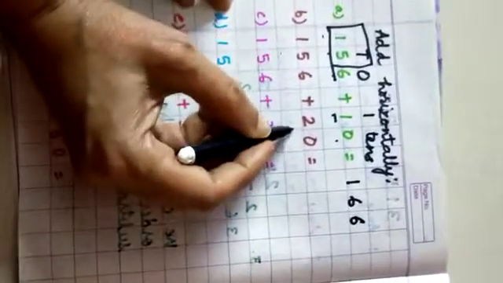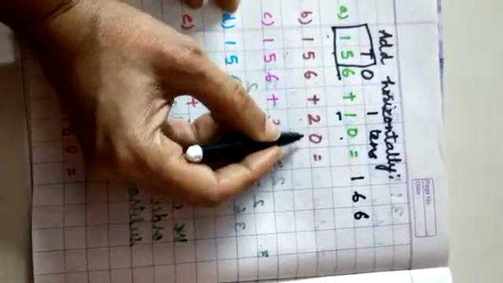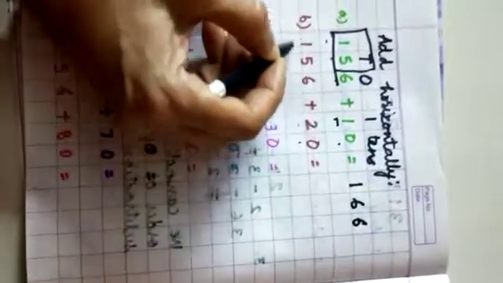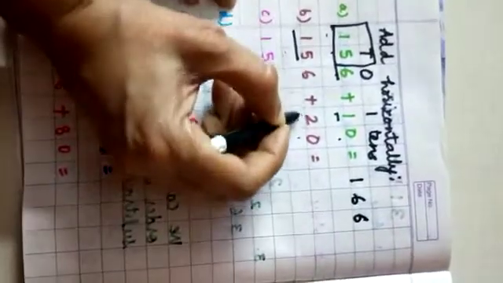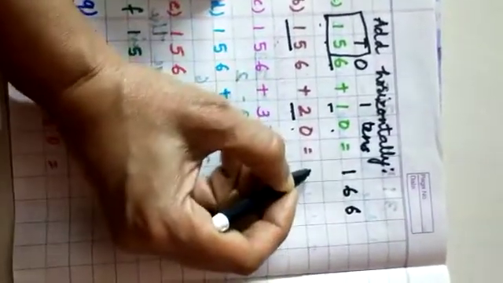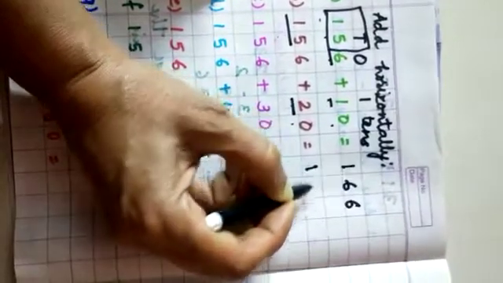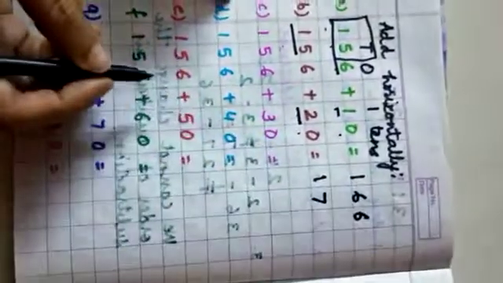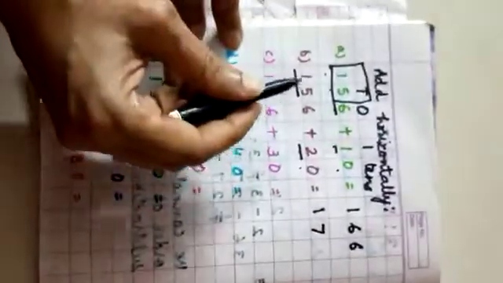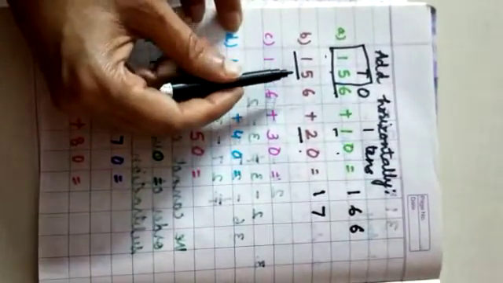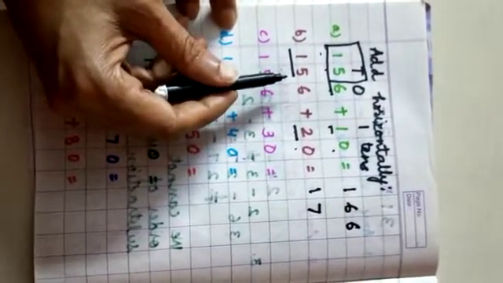In this second part, we are adding 2 tens. So 15 tens plus 2 tens becomes 15 plus 2, 17. Take out your 2 fingers and move forward after 15: 16 and 17.